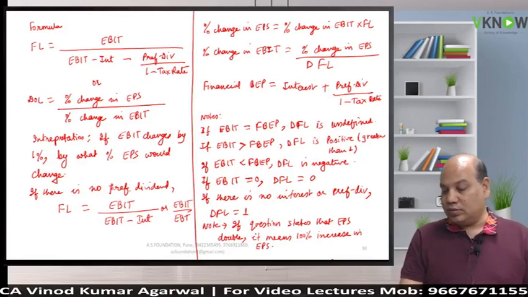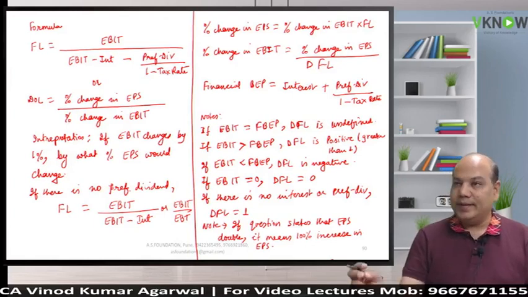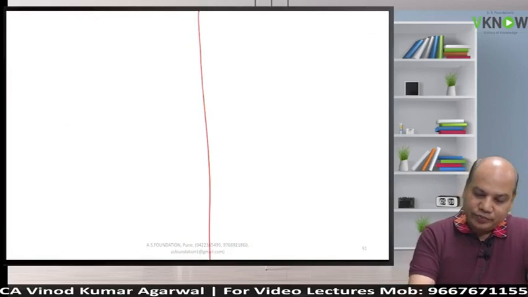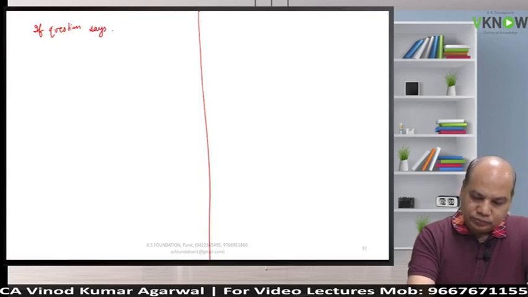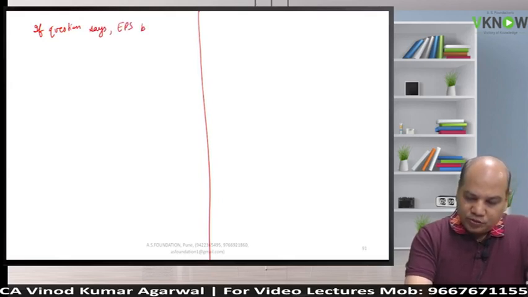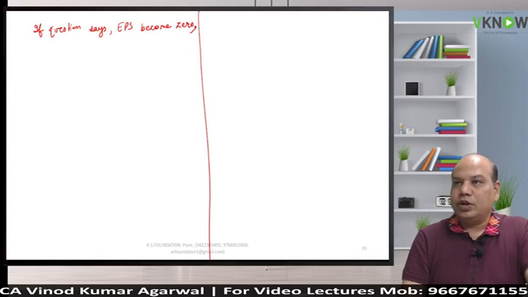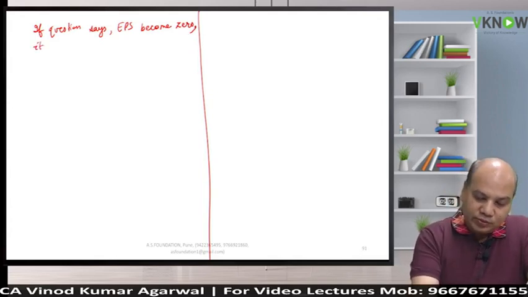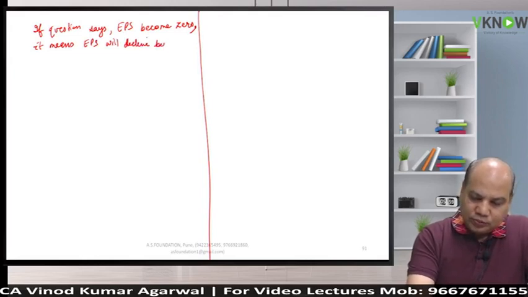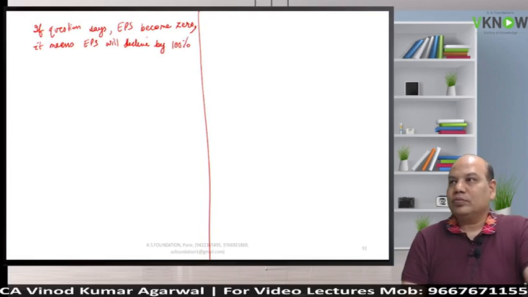Again write, if the question says EPS becomes 0, it means EPS will decline by 100%.